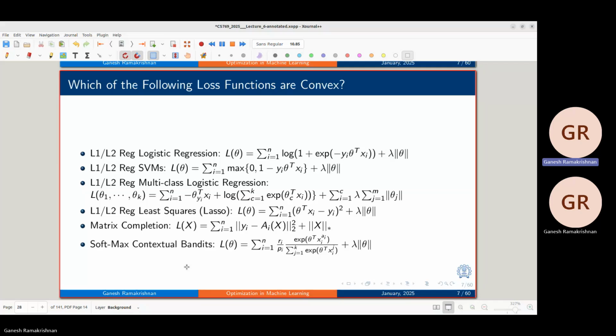Okay, so what about this softmax contextual bandits? Does it look like a loss, or does it look like some likelihood? Likelihood? It's not convex. Do you think it's concave?